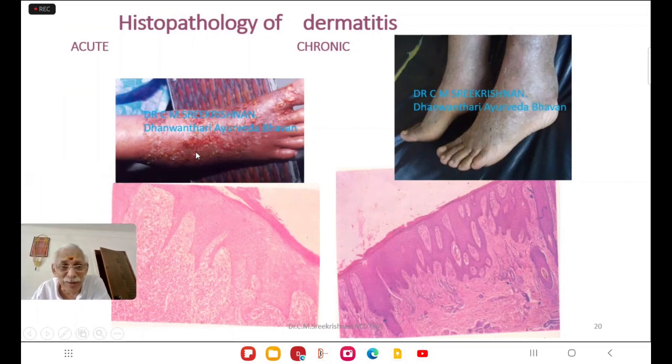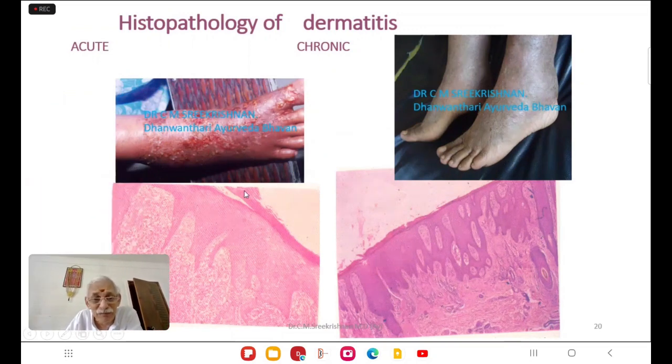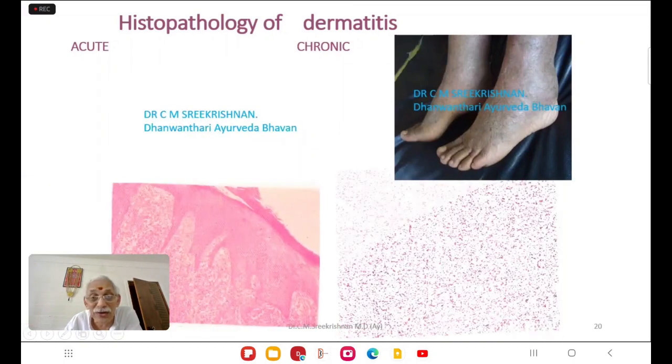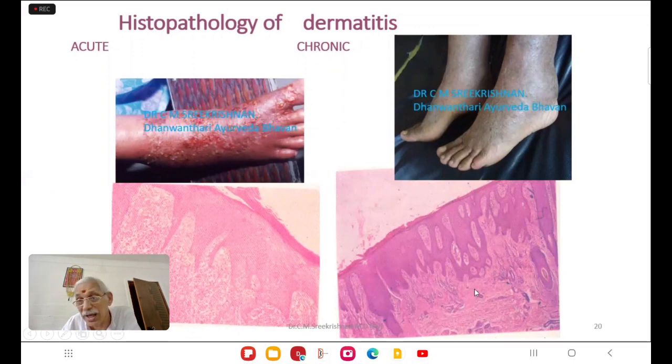Here it is inflammatory, oozing, etc. Here the epidermis, even the dermis, is very, very watery. Epidermis is loose. Here it is dry. Here epidermis, malpighian layer, and the granular layer are very, very thick. But in the dermis, it is very, very watery. So even though we are seeing the lesion as very, very dry, inside it is very, very watery. So that means Utklesha will be there.